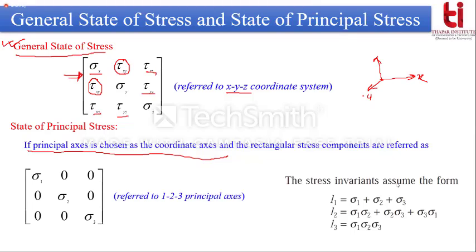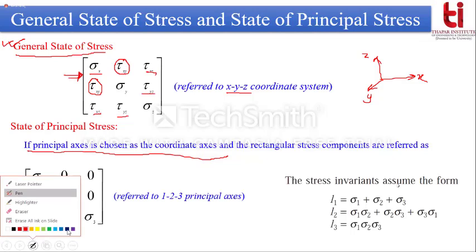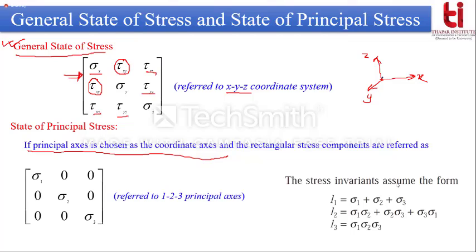But if we choose 1 2 3 as our axes, let us say my 1 2 3 is somewhere here. If I choose this 1 2 3 axis, which is actually a principal axis, then you can refer to the state of stress as shown here, because at the principal plane the shear stresses will be 0. So you can note down that the shear stresses are 0 here.